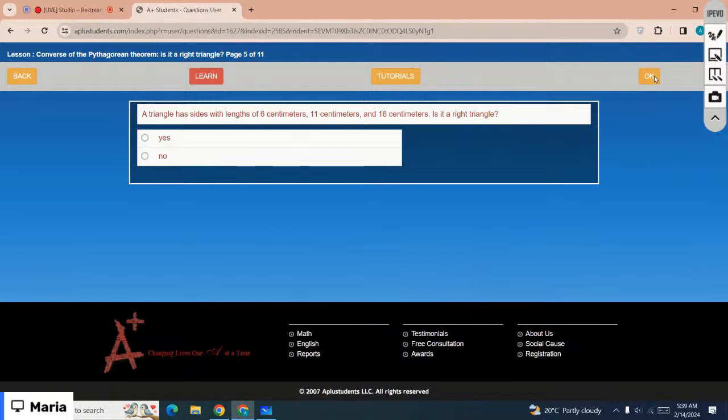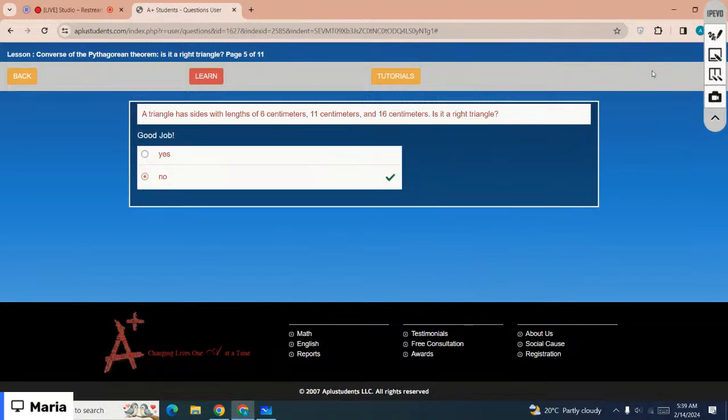The correct option is no, this isn't a right angle triangle, right? The correct option is no. Got it?